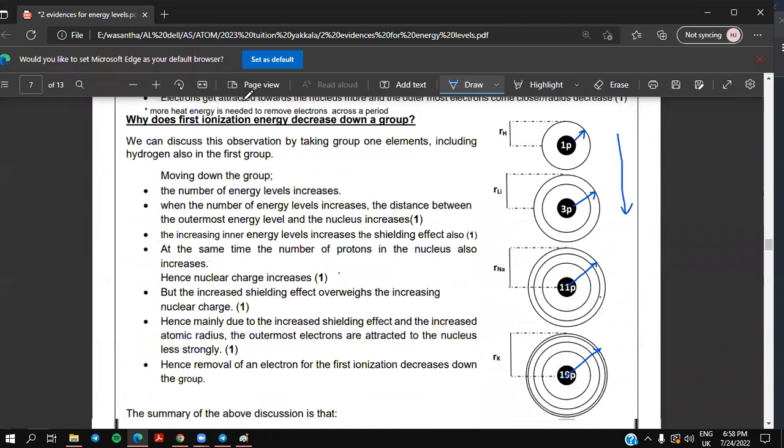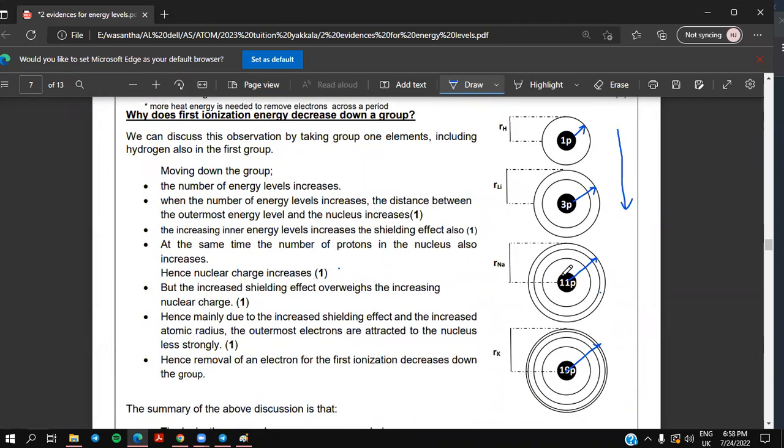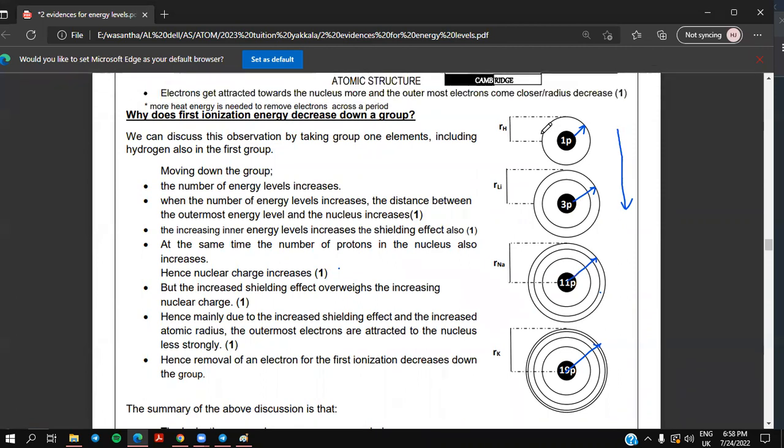Now down the group also, the number of protons increases. Even though the number of protons increases, because of the increase in shielding effect, the influence of the increase in proton number is not going to be much of an important thing. We say increasing nuclear charge is overweighed by the increase in shielding effect. So shielding effect becomes more important in this.